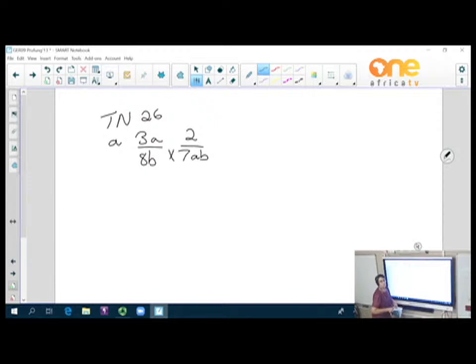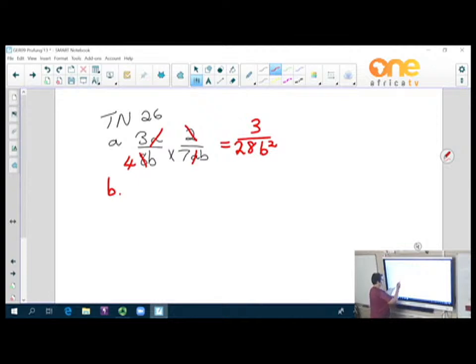Now still, we're looking for cancelling. So the 2 can divide into the 8 4 times. This A and this A can cancel out. So then you have 3 over 28. I multiply the numbers and I add my indices.